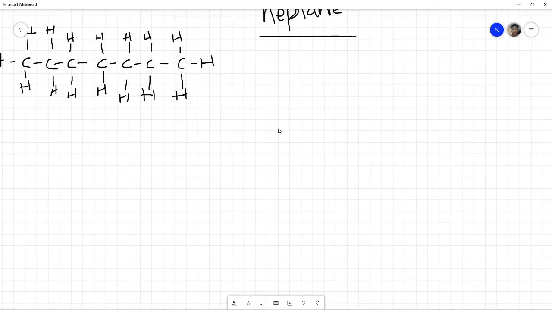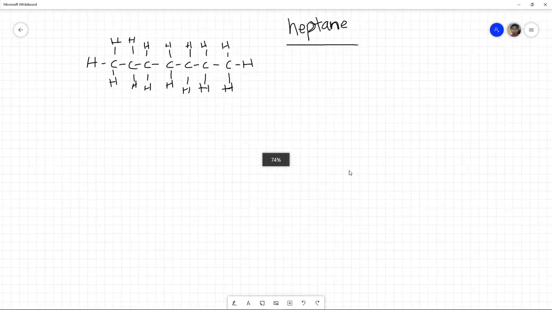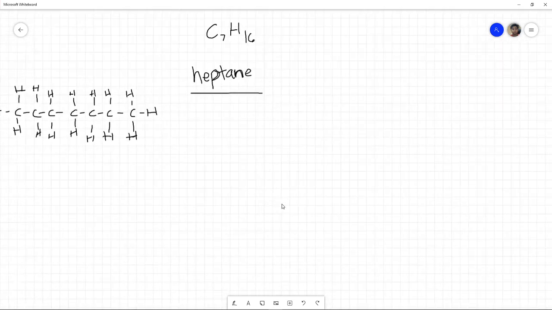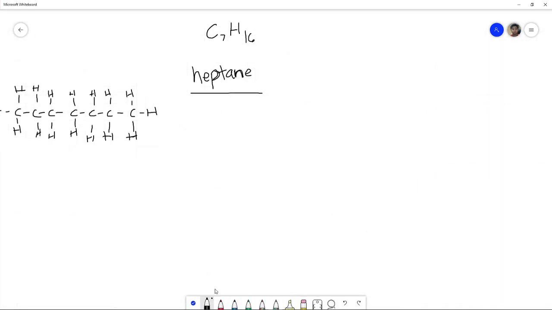Now that we have that, let's talk about naming branch structures. Let's start off simple and go with this.